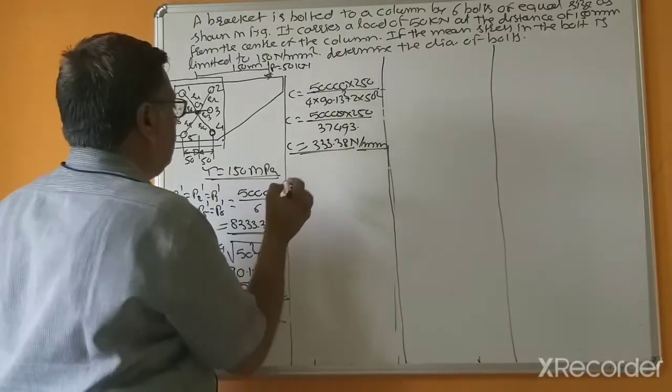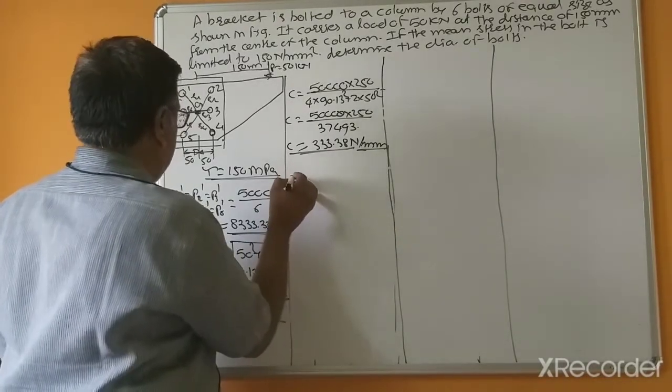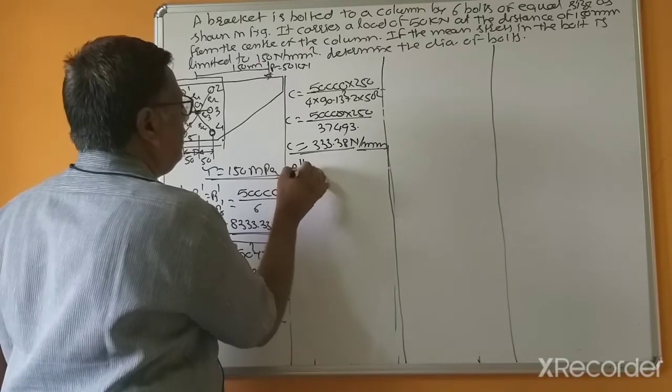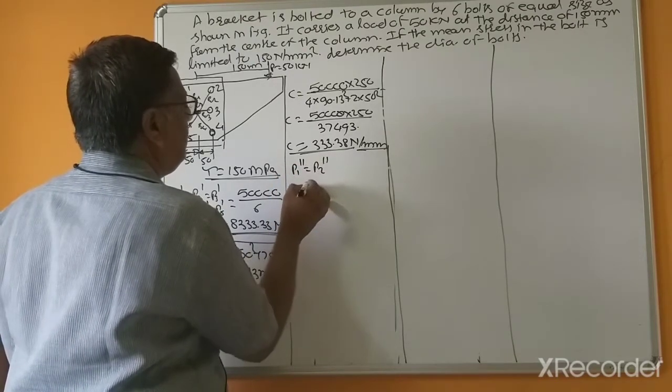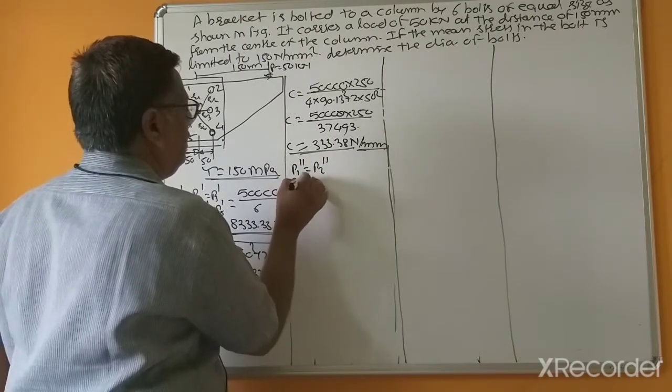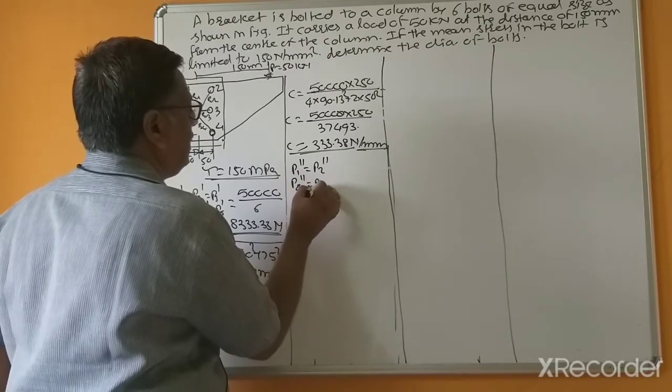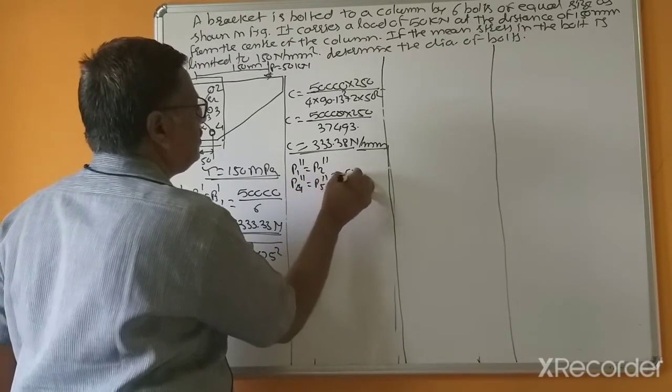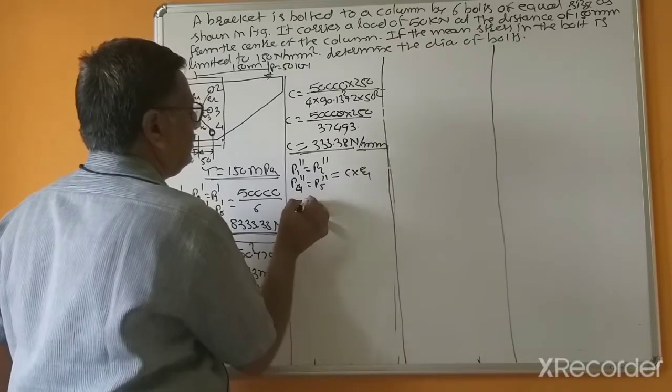Now P1'', P2'', P4'', P5'' equal to C into R1.